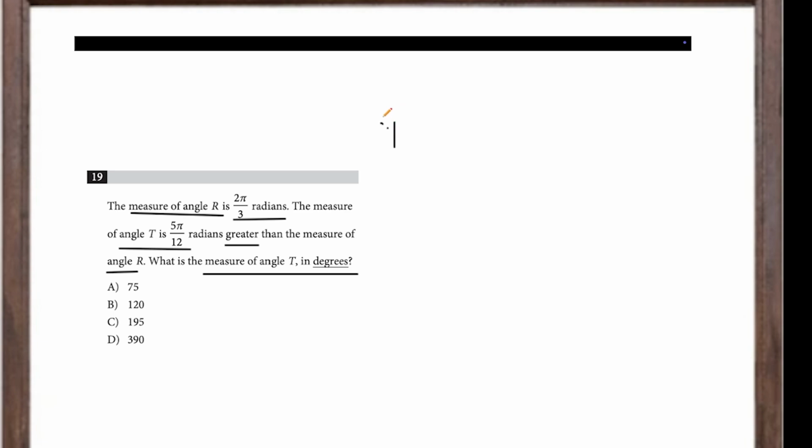So we know that angle T is equal to angle R plus 5 pi over 12. So therefore, since we know R is equal to 2 pi over 3, we're going to input that into our equation.